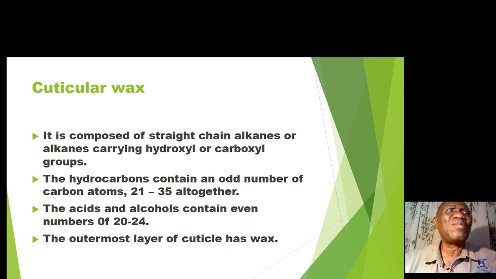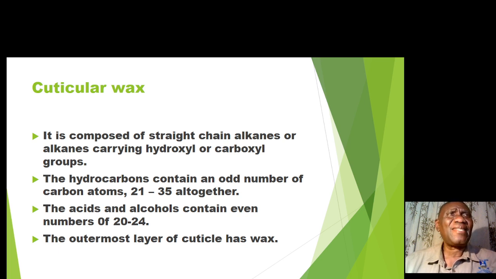These could be 21 and 35 altogether. The acids and alcohols contain even numbers. This could be 20 to 24. So the outermost layer of the cuticle is wax.